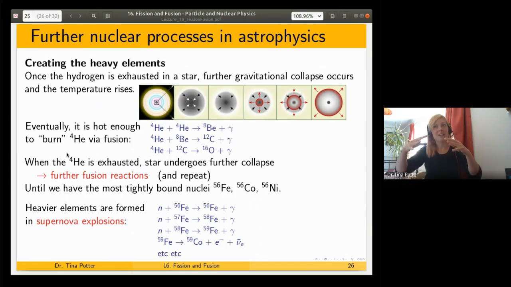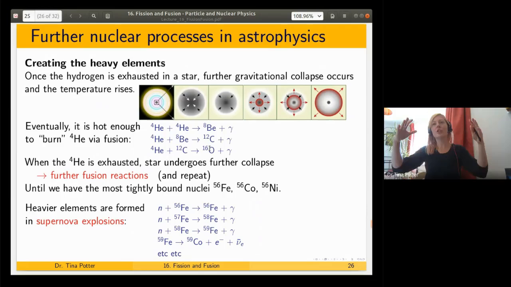As it does that, it will squeeze all of that material into a smaller and smaller volume, and the temperature will rise. In fact, the temperature will rise until it becomes hot enough to burn together larger nuclei. For example, helium-4 to create beryllium-8, or carbon-12, or oxygen-16.